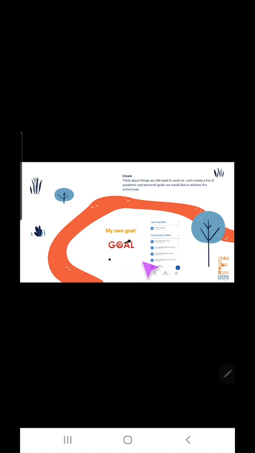So perfect, guys. And aside from that, guys, a short goal which is educational. And it wouldn't necessarily be related to school, because we do also learn things outside of school, but it could very well be things that we do in school.